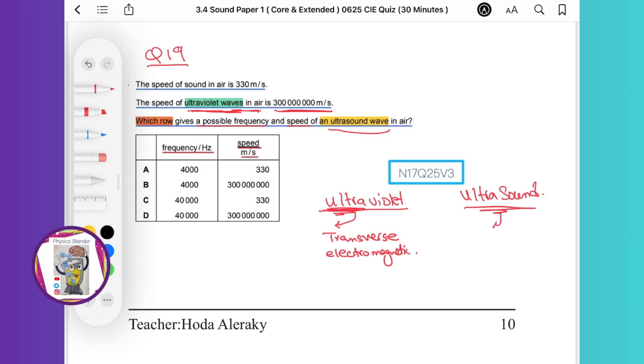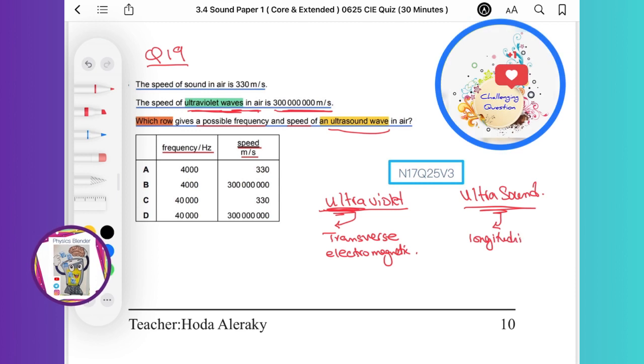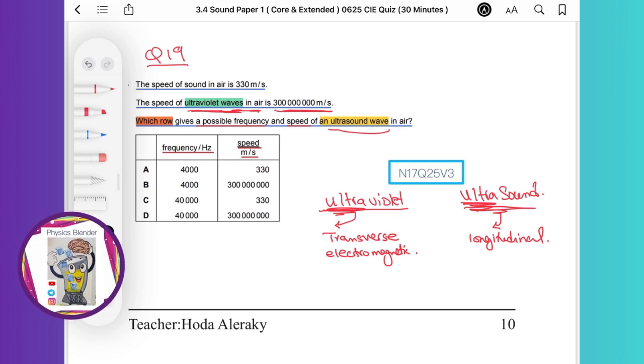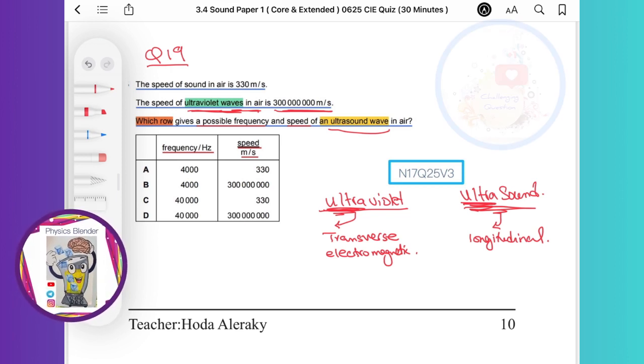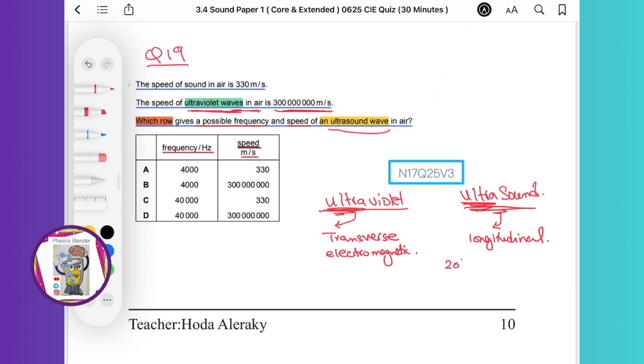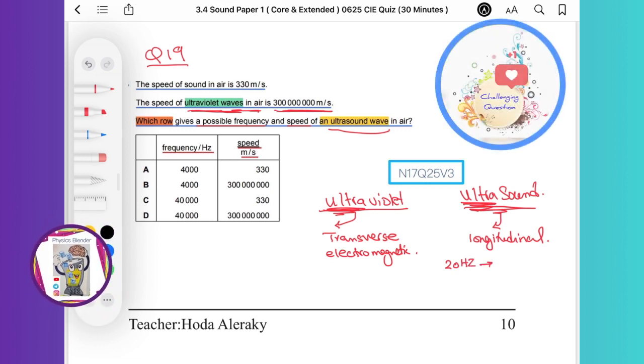But ultrasound waves are longitudinal. And here, the frequency is just exceeding the audible frequency for the human hearing range. You know that the audible range is 20 hertz to 20 kilohertz.